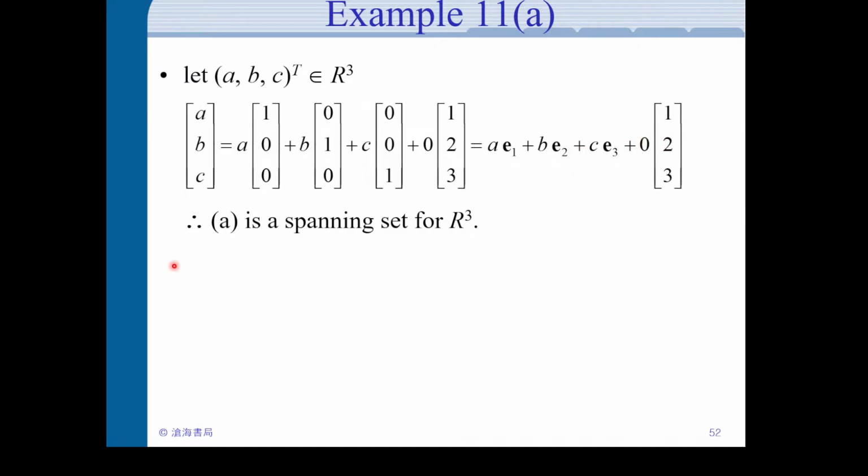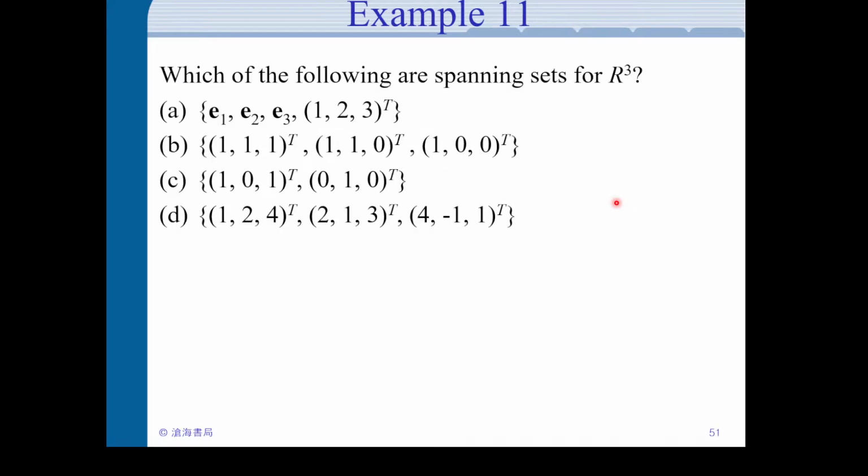So we see that A is a spanning set of R3 because everything in R3, this ABC, can be written as A e1 plus B e2 plus C e3, and then 0 times this extra vector 1, 2, 3.